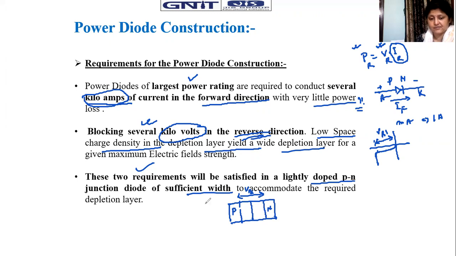So what is the necessity or requirement? We require the power to be high, the current rating to be high, and the voltage rating to be high. How do we get a high voltage rating? The power diode must block a larger amount of voltage. How will the large amount of voltage be blocked? If it is very lightly doped, then the PN junction will form and block a sufficient amount of voltage, and that will enhance the power rating.